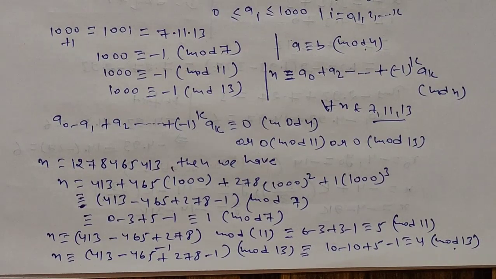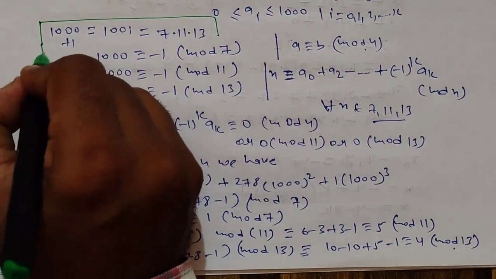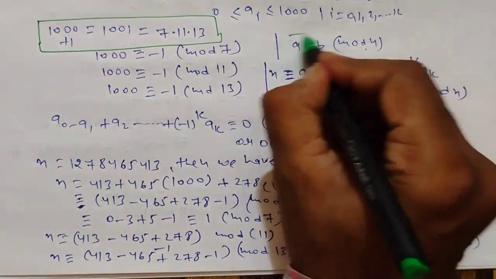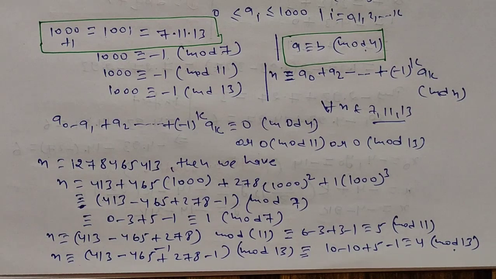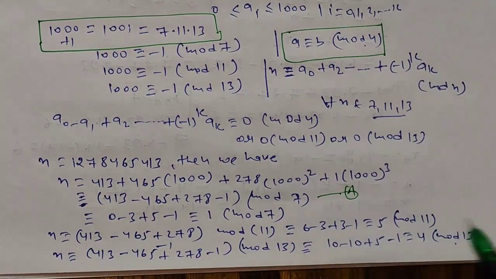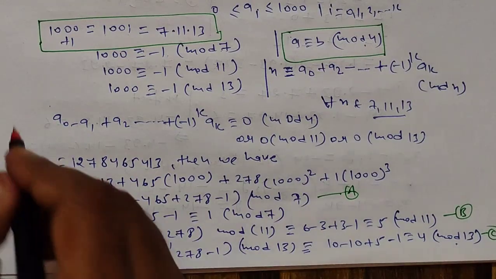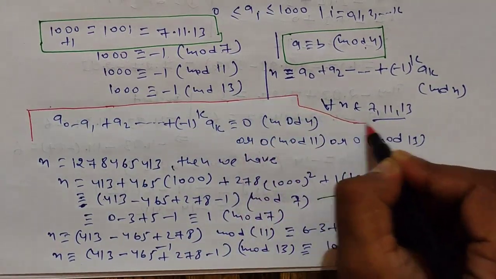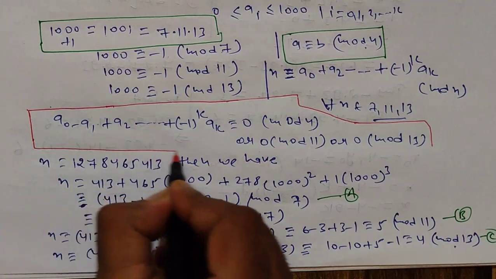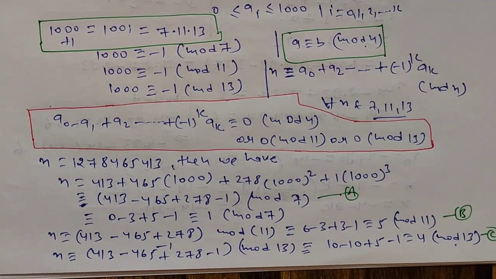So this is the final result. We can see the important terms here, this application, and this important result to prove the divisibility for 7 and 11, 13 also.